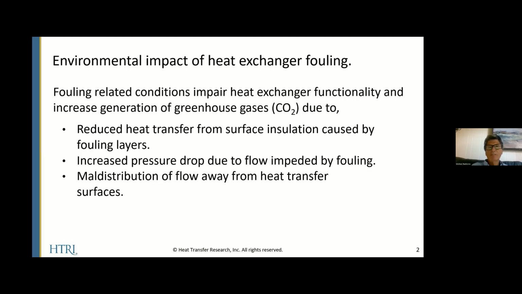This occurs because as a heat exchanger fouls, there's a reduced heat transfer from the processed water to the cooling water. And since heat exchangers are fundamental and the low-hanging fruit within any industrial process, this lack of heat transfer will overall affect the functionality of that heat exchanger.